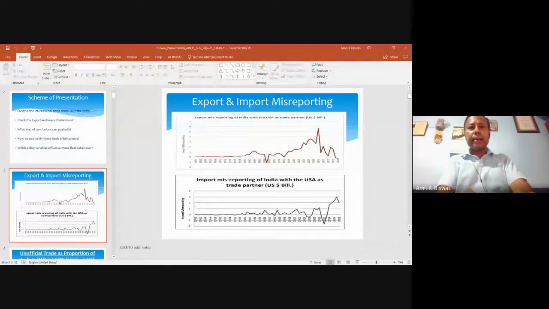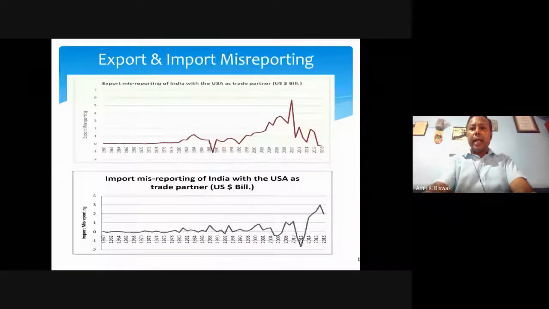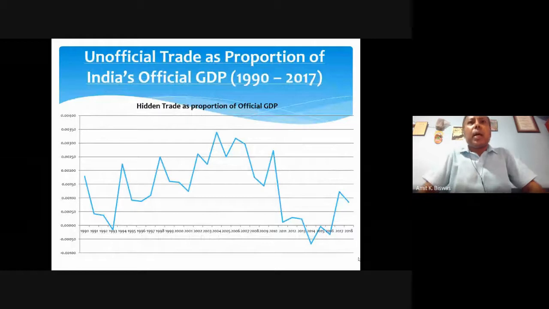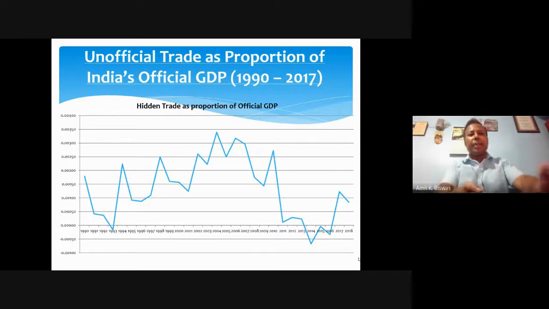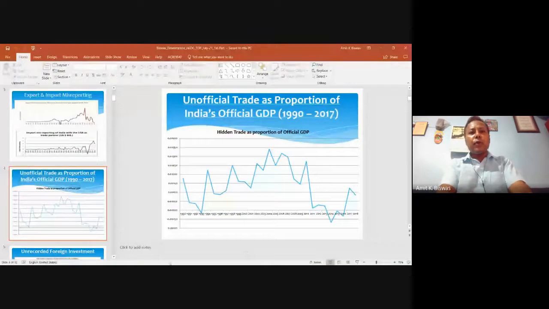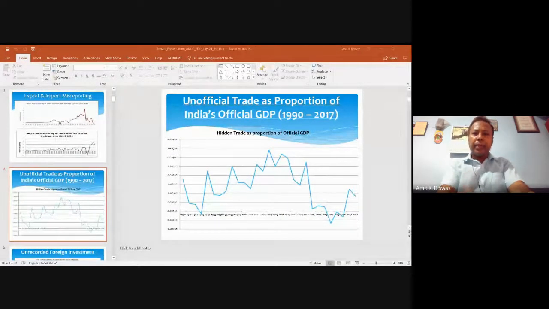What does it say? It talks about the hidden portion of the GDP. How do you define GDP?